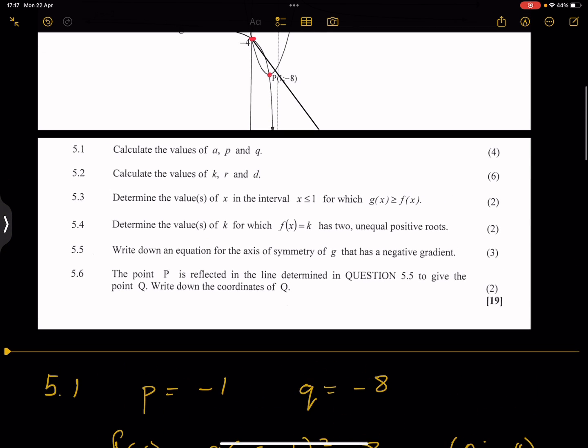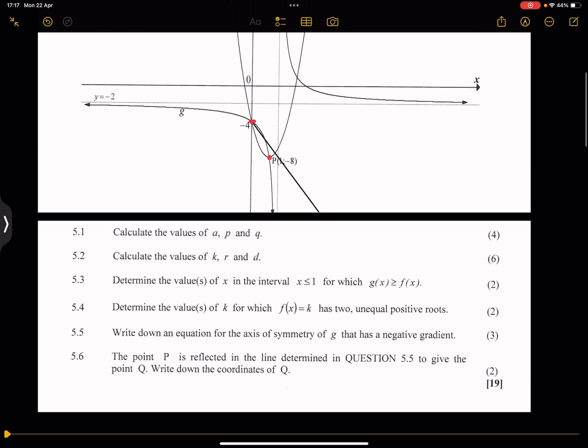As we continue to the next one, now they say determine the values of x in the interval x is less than 1. So meaning we're looking on the left hand side of our turning point of the graph of f, for which g of x is greater than f of x.